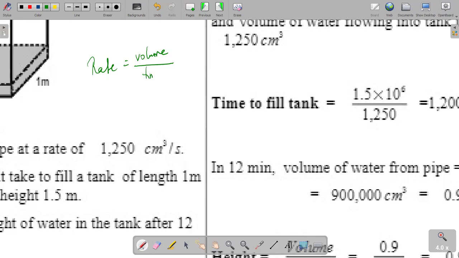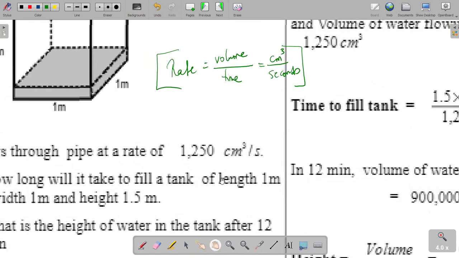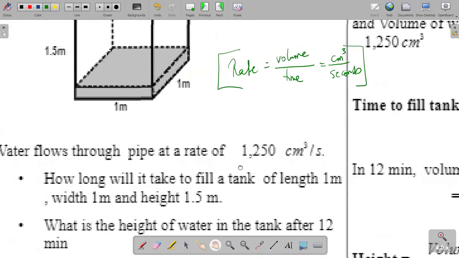Time. Keep it in mind, volume must be in centimeters cubed and time must be in seconds. So everybody see how we just created the formula again from scratch, just from the sentence? It's the same thing, just different units now. You see the patterns we spoke about before?